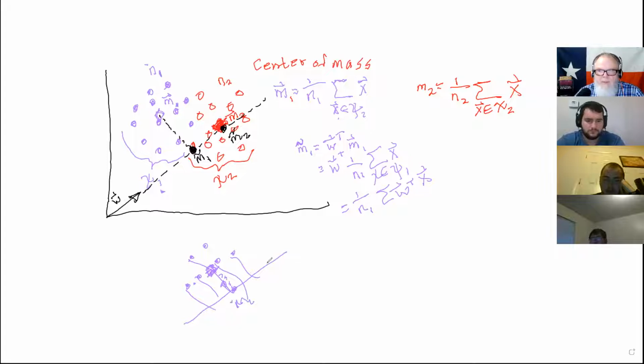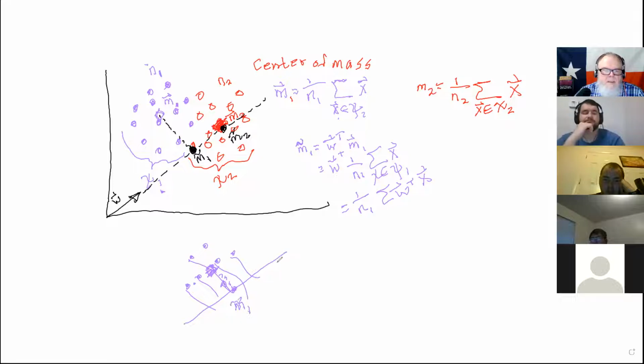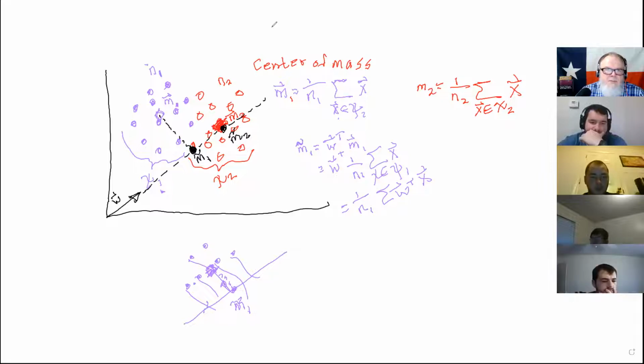That wasn't very pretty. You'll notice that this is nothing more than the average of all of these projections. In other words, on the line, if we took this number plus this number plus this number plus this number plus this number, divided by N1, we would get M1. So the mean is preserved in that sense.